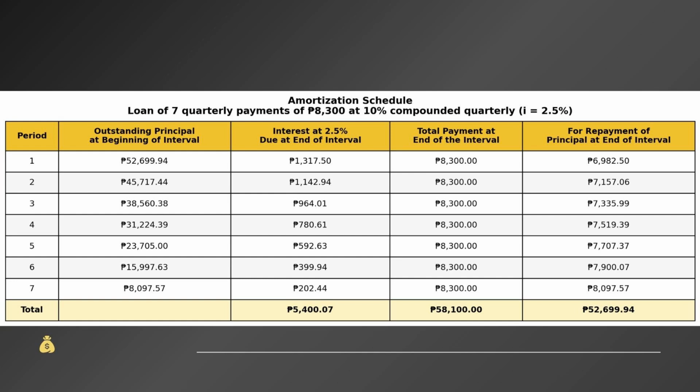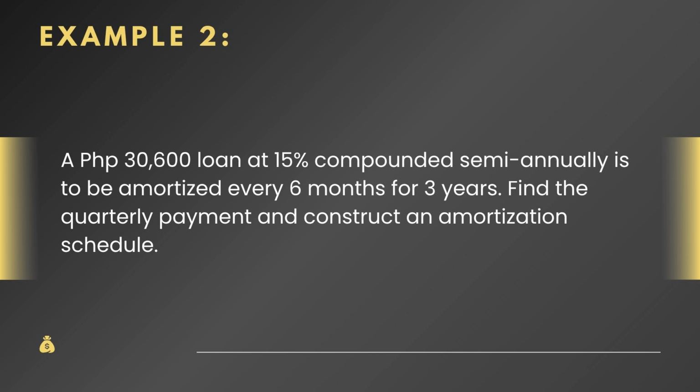In total, the interest paid amounts to 5,400.07. The total payments amount to 58,100, and the total principal repaid equals the original loan value of 52,699.94.